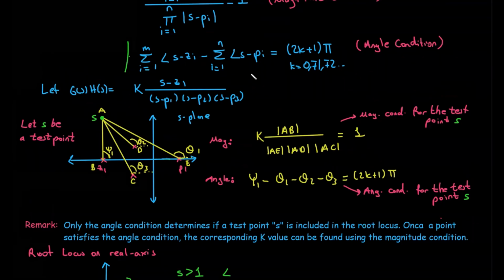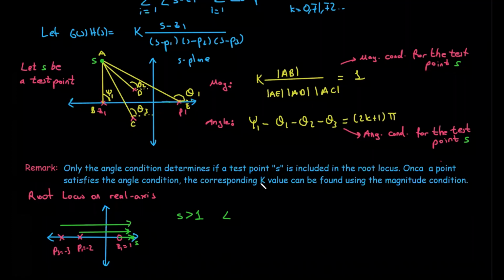So the angle of S minus Z1 is equal to minus the angle of S minus P1 and minus the angle of S minus P2, which should be an odd multiple of pi. So it is 2k plus 1 times pi, for k equal to 0, plus or minus 1, etc.